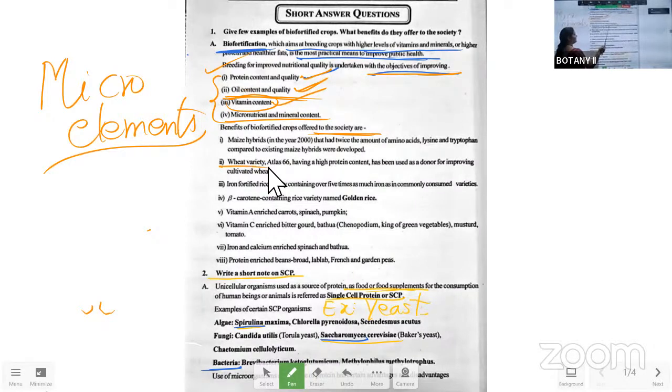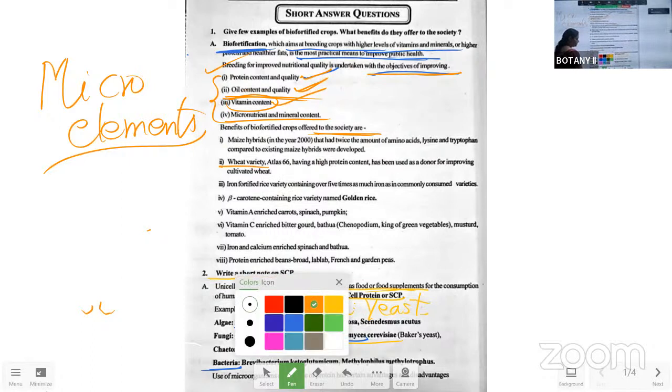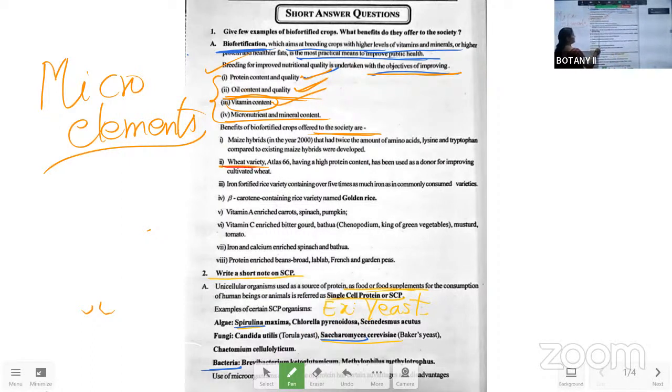We know the wheat variety now. So here I am giving you good examples. Wheat variety. In that, many varieties we have made for the betterment of human beings based on our needs. Needs should be satisfied. But in that, what we are concentrating on is Atlas 666.